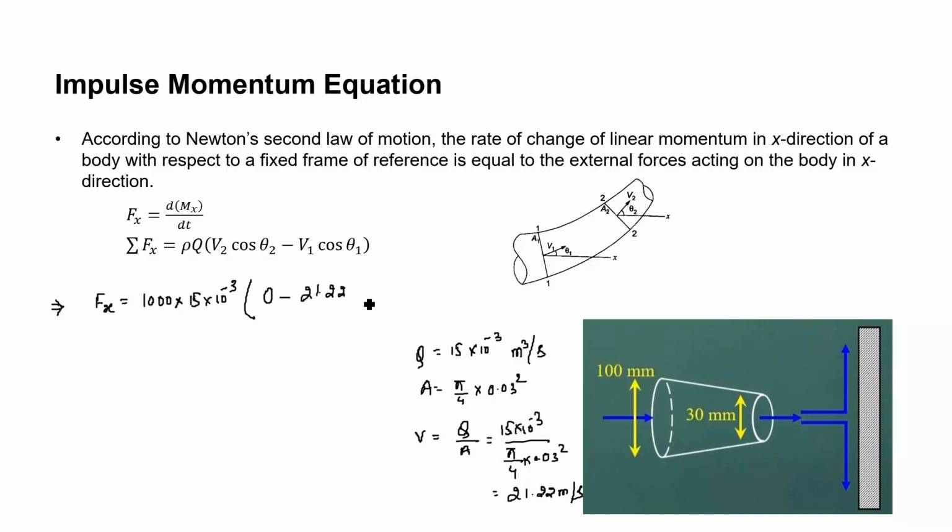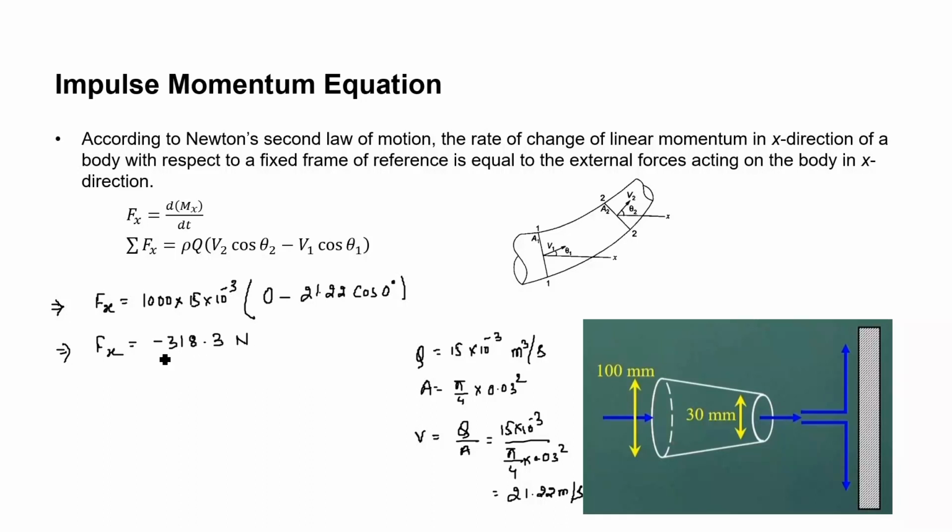Now, cos theta 1. Since the jet of water is normal to the plate and it is striking horizontally, the angle with x direction is 0 degree. Now, when we solve this, we will get Fx, that is force in x direction, as minus 318.3 Newton.